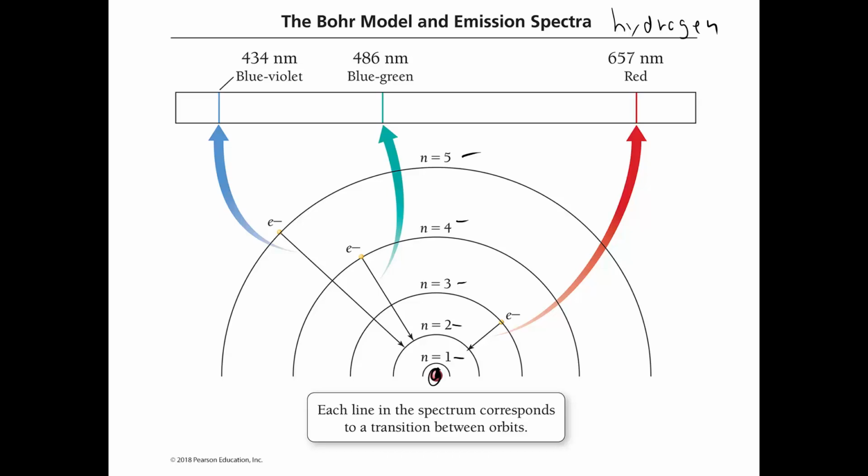And what is shown here are 3 of the transitions that are observed for hydrogen. In particular, I'm going to single out the one that produces a line at 657 nanometers. It is for the electron that comes back down from the 3rd quantum level to the 2nd.